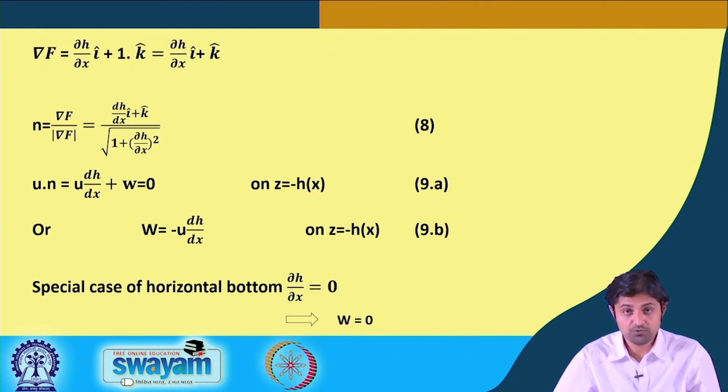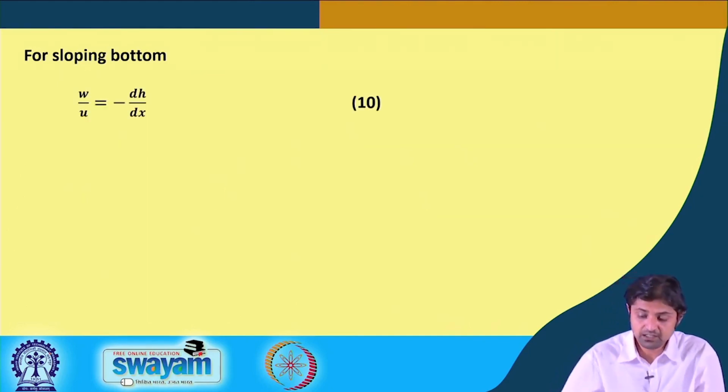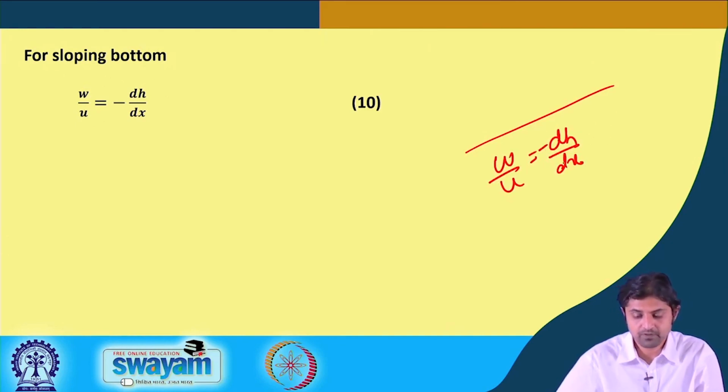So we have now proved at the boundary w is equal to 0 using the bottom boundary condition, and we have derived everything from the basics of the boundary condition. Now if we have a sloping bottom like this, we can simply write w by u is equal to minus dh dx. Very simple.